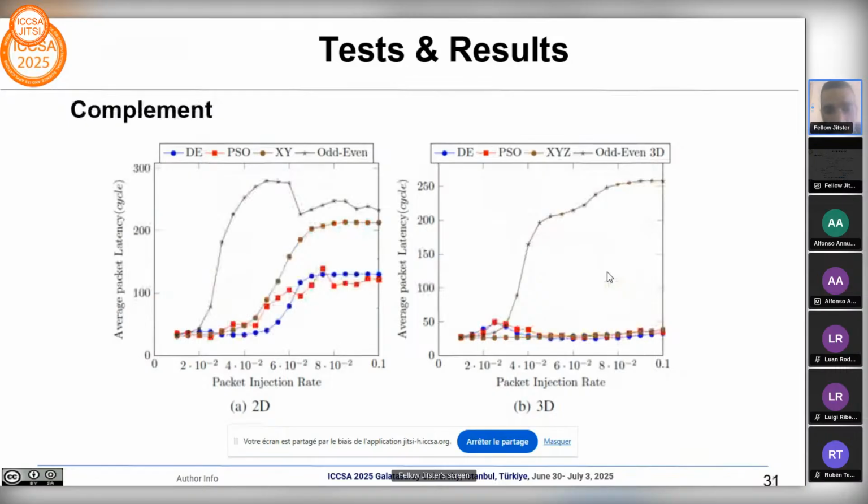And in complement, we remark that particle swarm outperforms DE in 2D, but in 3D they give the same result.